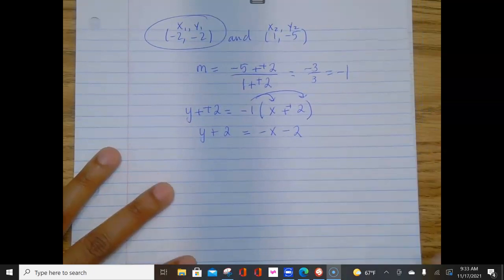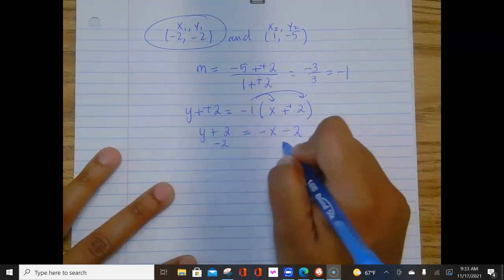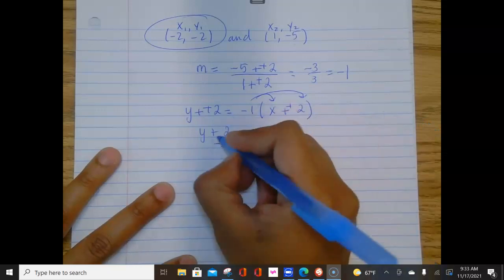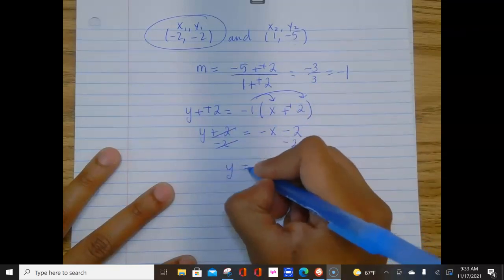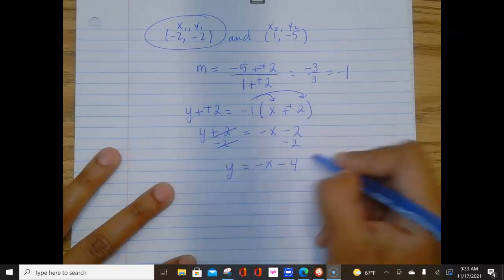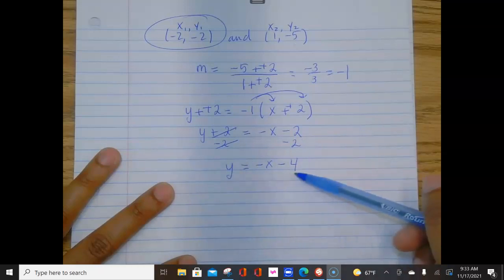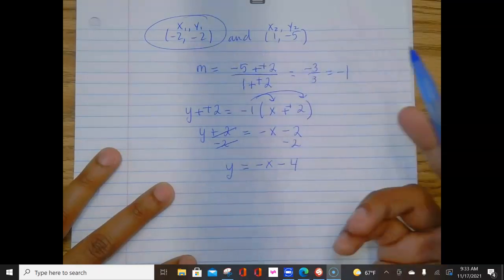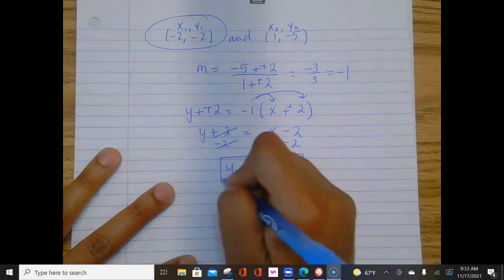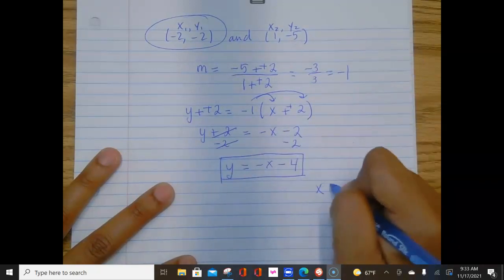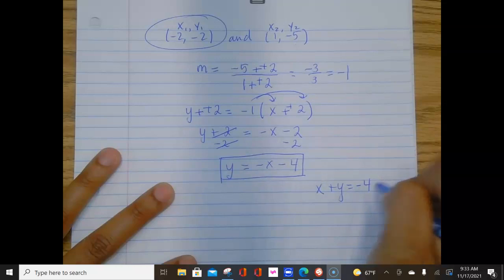And then, of course, if I wanted slope-intercept, subtract 2 from the left, subtract 2 on the right side. So the answer is y equals negative x minus 4. Okay, so this is the equation of the line that passes through these 2 points. In standard form, it would just be x plus y is equal to negative 4.